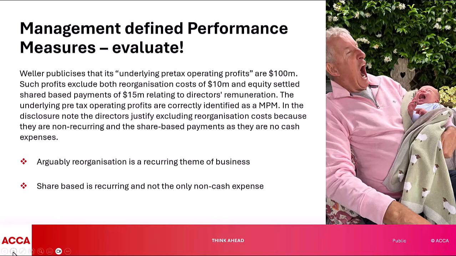So my head is spinning. Either they are stripping out non-recurring items or they're stripping out cash. It's muddle thinking. I think it's really muddle thinking. And I don't actually think this particular management defined performance measure is of significantly useful to the user.